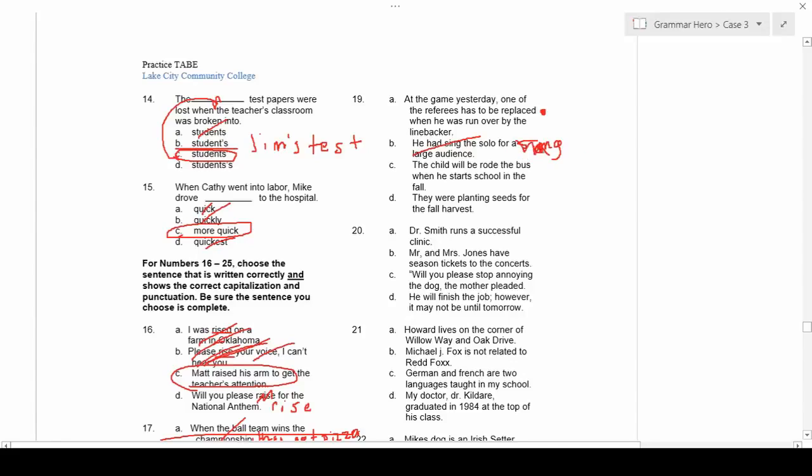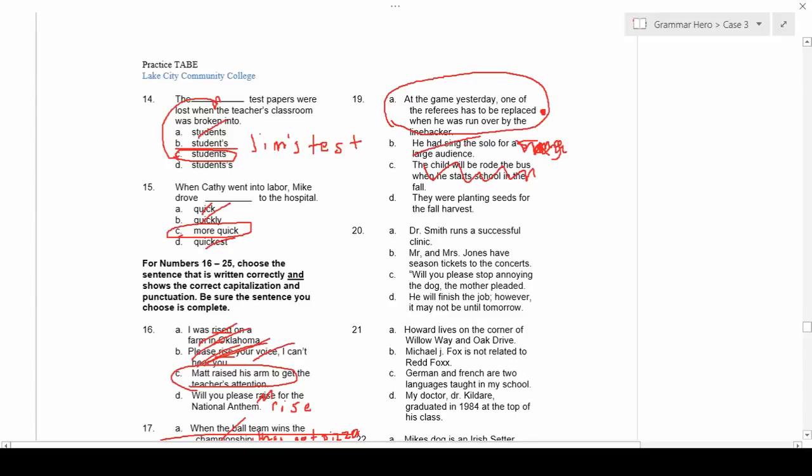Again, sang. "The child will be rode the bus." The child will be riding the bus. "They were planting seeds for the fall harvest." I'm going to go with this one. No issues with it.